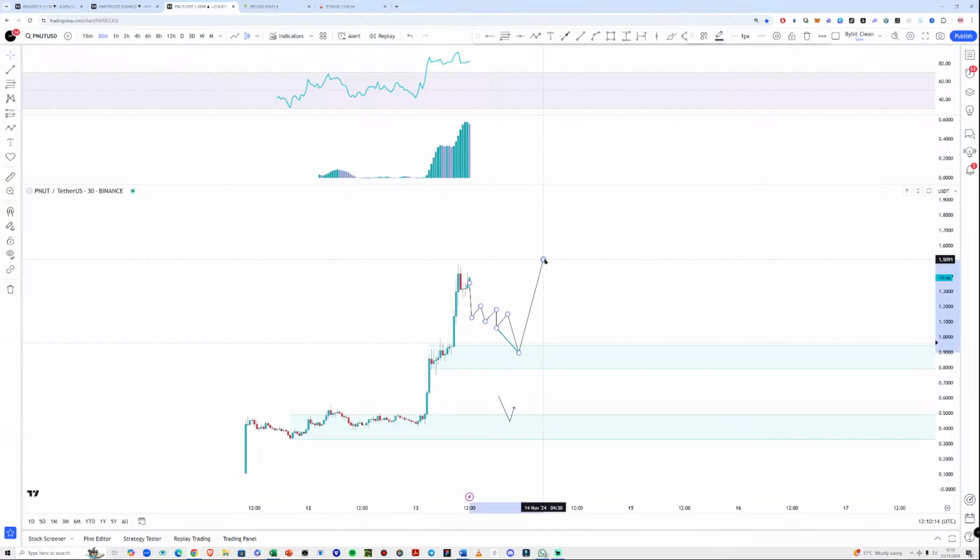Or both, okay? So both would look something like this. We move up, we move down, right? Let's say we move down to, we wick in, we close above, and we diverge, and then we move, right? So you don't need both, but you need one or the other, right? You need one or the other.